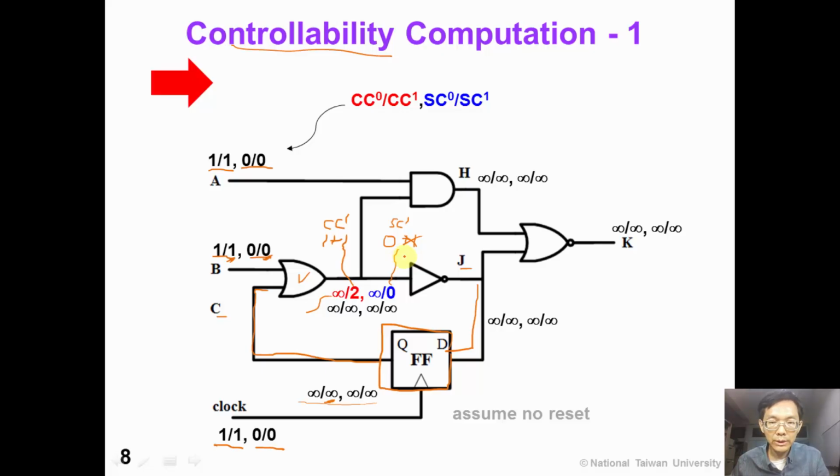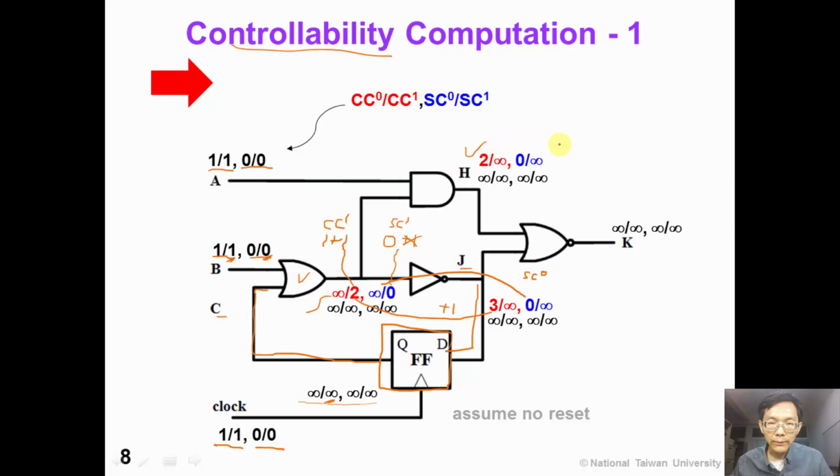Now let's move on to the second level. The value of J can be computed from the input of the inverter. So CC0 is now 3 because we need to plus 1 through this inverter. However, SC0 of J does not need to be incremented by 1 because this is sequential controllability.